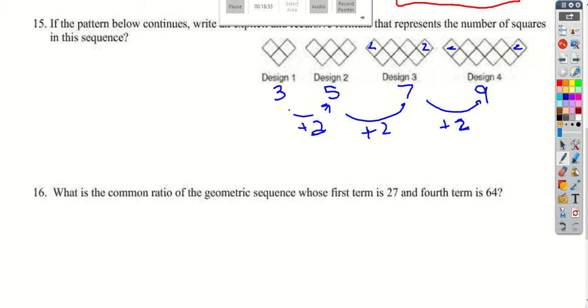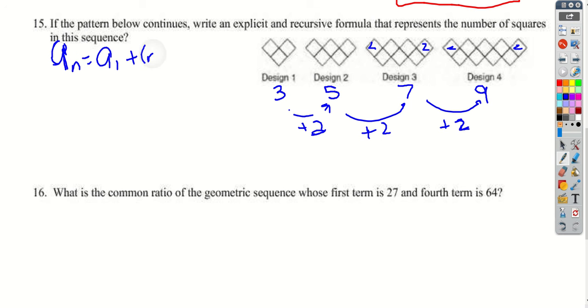All right. So we need to write the explicit. So remember that's a sub n. So a sub n equals first term plus parentheses n minus 1 times d. So now we know the first term in the design has 3 terms, and that d is equal to 2 because I'm adding 2. So a sub n equals the first term, which is 3, plus n minus 1 times the common difference, which is 2.